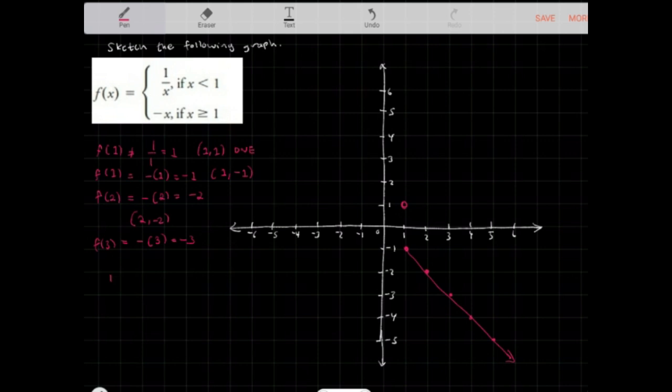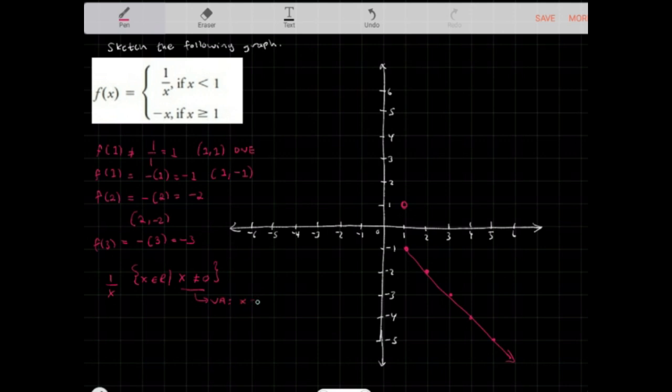Now, as x is less than 1, we can also assess that in the domain of this function, 1 over x, x belongs to the set of all real numbers, but x cannot equal 0. So there's a restriction on x, so we have to be careful with that. We can make it get smaller and smaller to 0, but it won't touch 0. When you have a restriction, this actually implies there's a vertical asymptote.